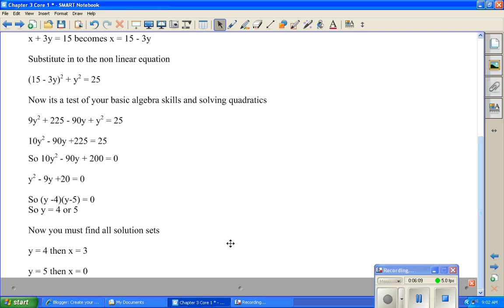Now with non-linear, well, particularly with quadratic types of simultaneous equations, we also expect to get 2 answers. Sometimes one of them, like this one, really is called a trivial answer. Right? x is 0 is a trivial answer, sometimes.